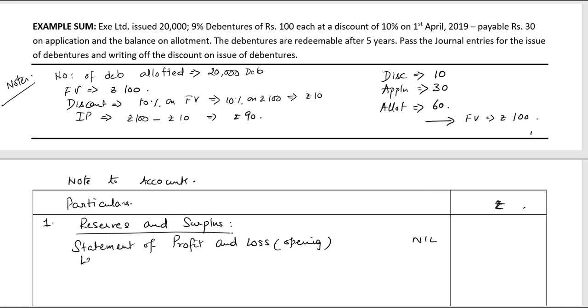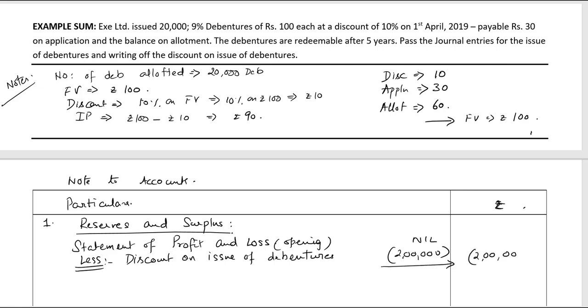And we have written off discount on issue of debentures, less discount on issue of the debentures. Amount written off is rupees 2 lakh, and we will take a minus 2 lakh to the outer column. And the final amount to be shown under reserves and surplus is minus 2 lakh.